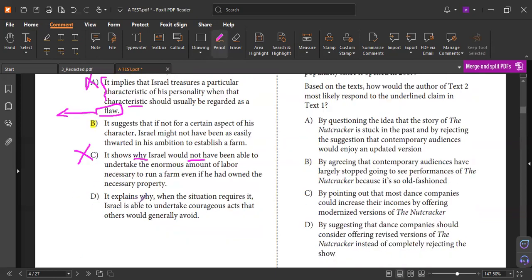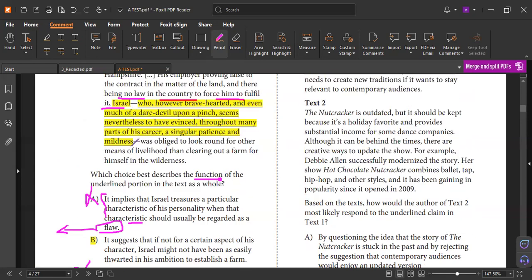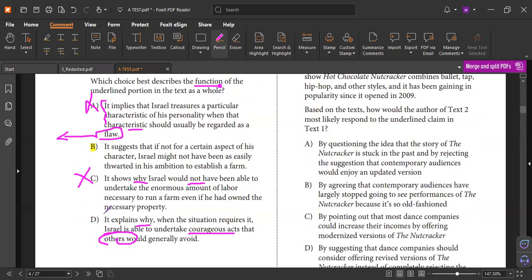Again, it explains why Israel is able to undertake courageous acts that others would generally avoid. He didn't make a comparison between his characteristics and others, and he didn't mention others, because all the information is about him. That means we added details that aren't in the text, so let it be wrong.